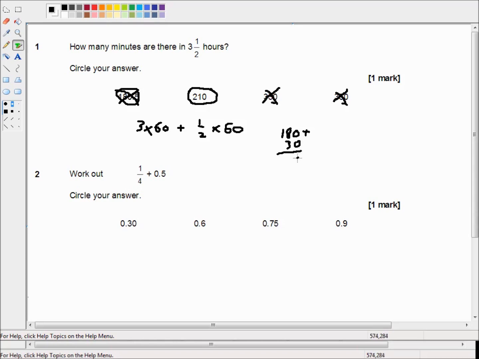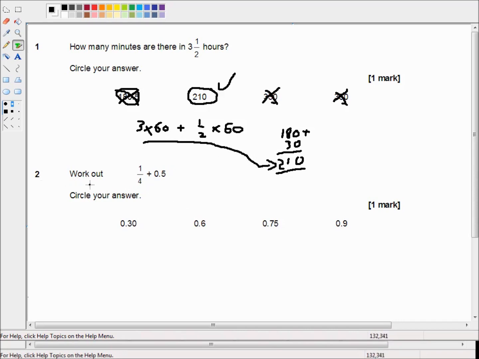And then we add that together. 8 plus 3 is 11, 1 plus 1 is 2, so there's your 210. And that's for 1 mark. Obviously these calculations will probably be done in your head, but you can write them down if you want to.